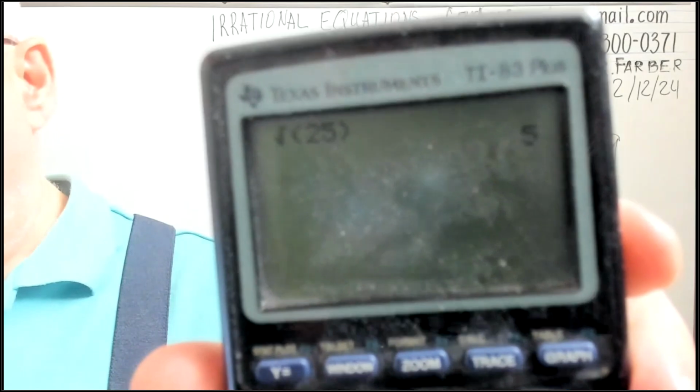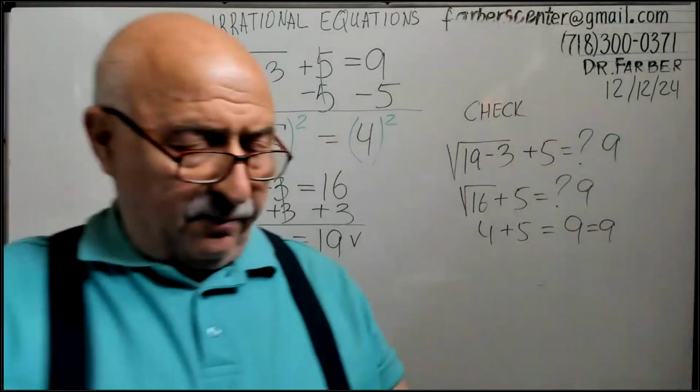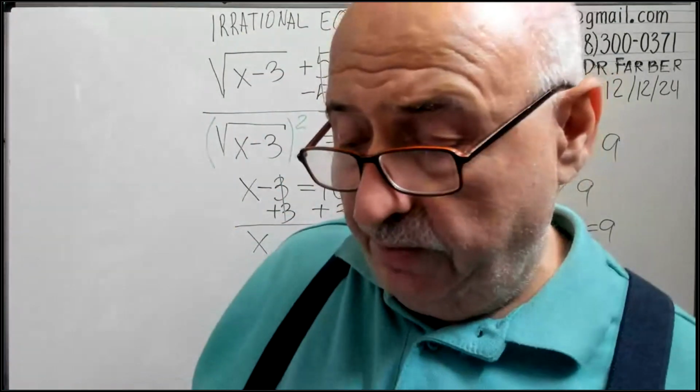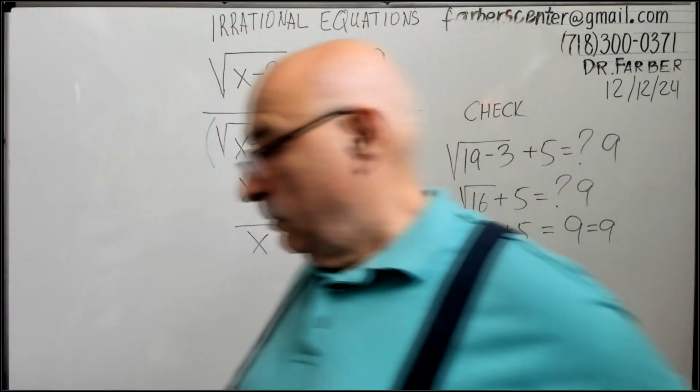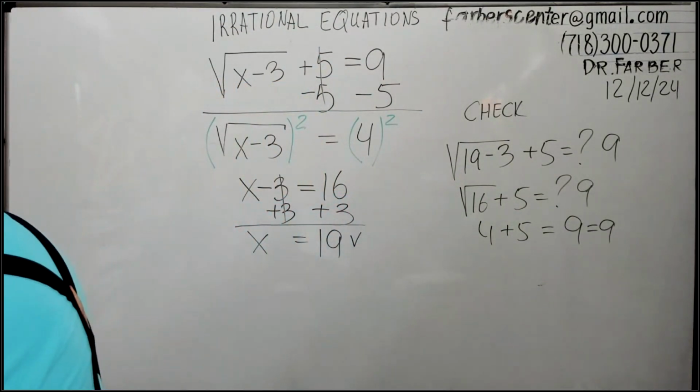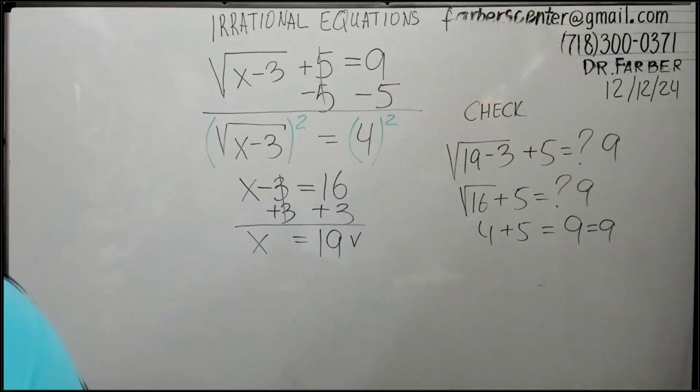Look at this. Square root of 25 is 5. Not negative. Square root, never negative. And guess what? In a simple equation, very often they give an equation where you make mistakes. So today we practice to avoid all these mistakes.